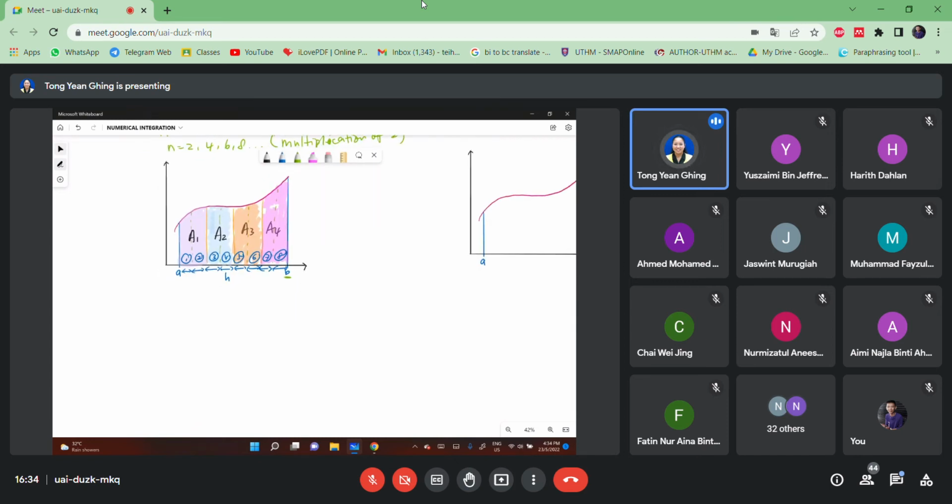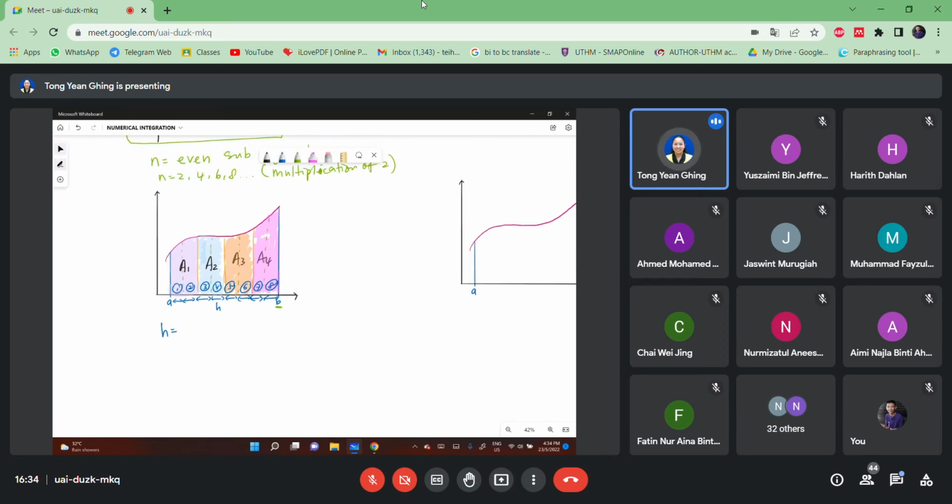Now let's say the question didn't give the H, and only gives from A to B, and we have to divide into how many segments. If we want to use Simpson's one-third, the segments have to be even. So we want to find H, the step size.